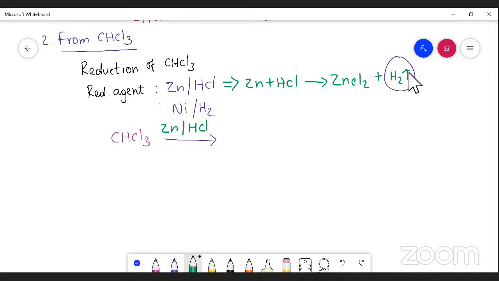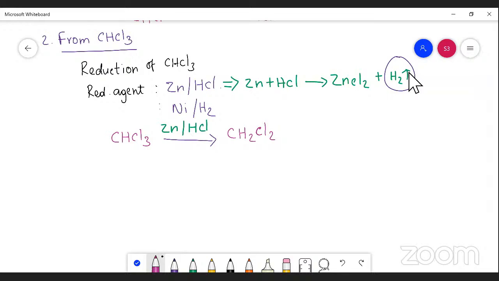That hydrogen is utilized for reduction. One chlorine is removed as HCl and one hydrogen is added. So we get CH2Cl2. One hydrogen is added here, and we get methylene chloride.